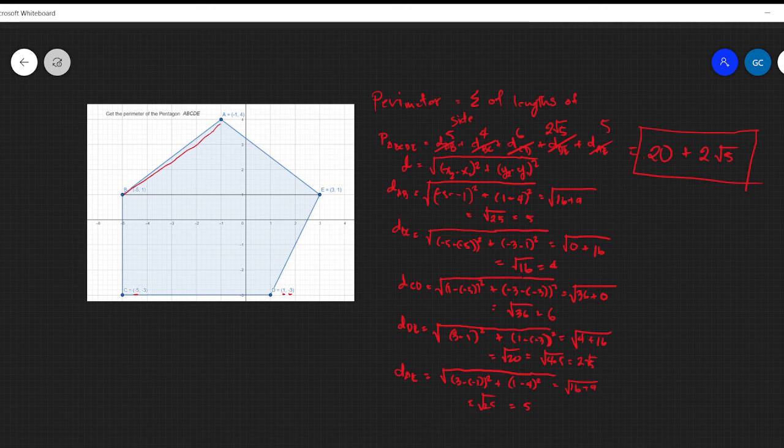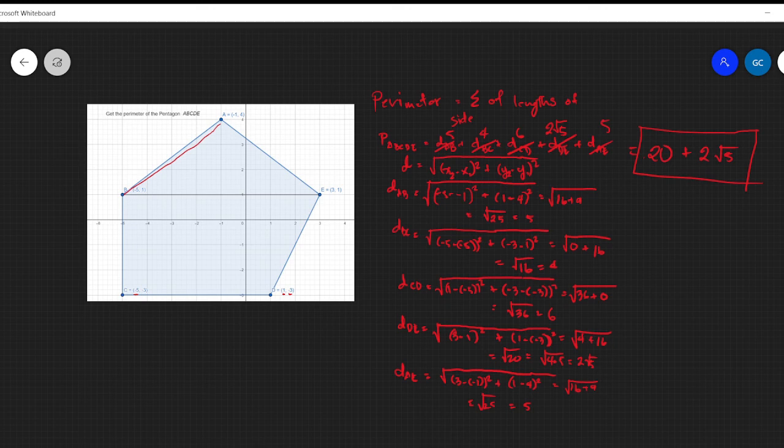It is better if we express them in radical form. So we have the perimeter of our pentagon ABCDE. Basically, we just used our distance formula to calculate that perimeter.